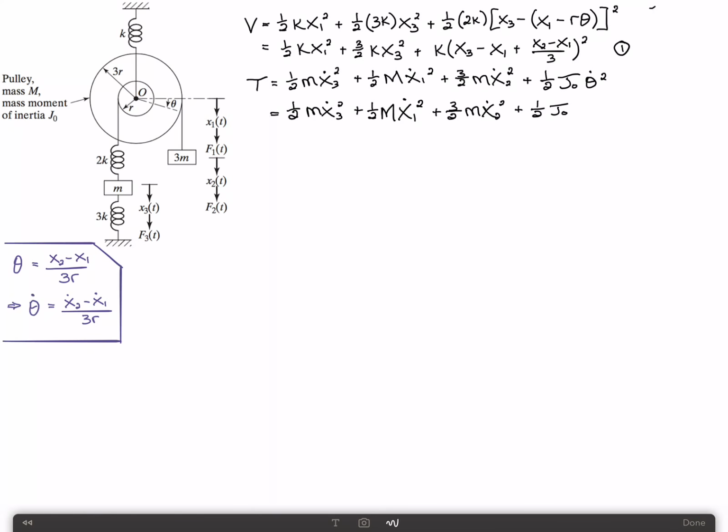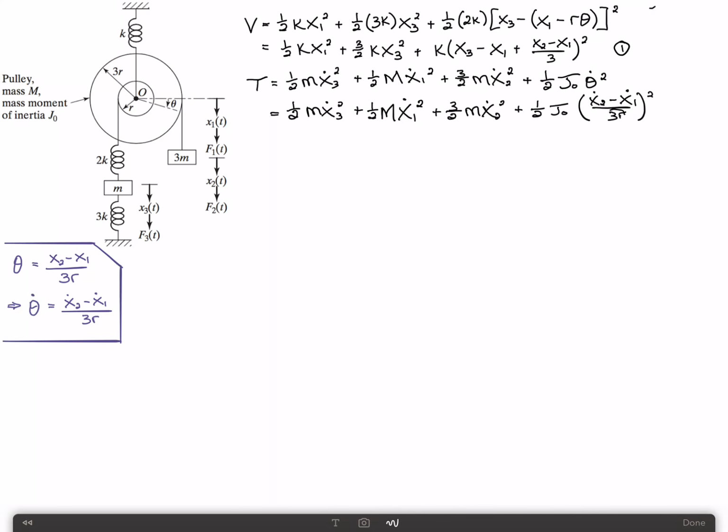It's times x2 dot minus x1 dot divided by 3r. So let me just write that out: x2 dot minus x1 dot divided by 3r, quantity squared.